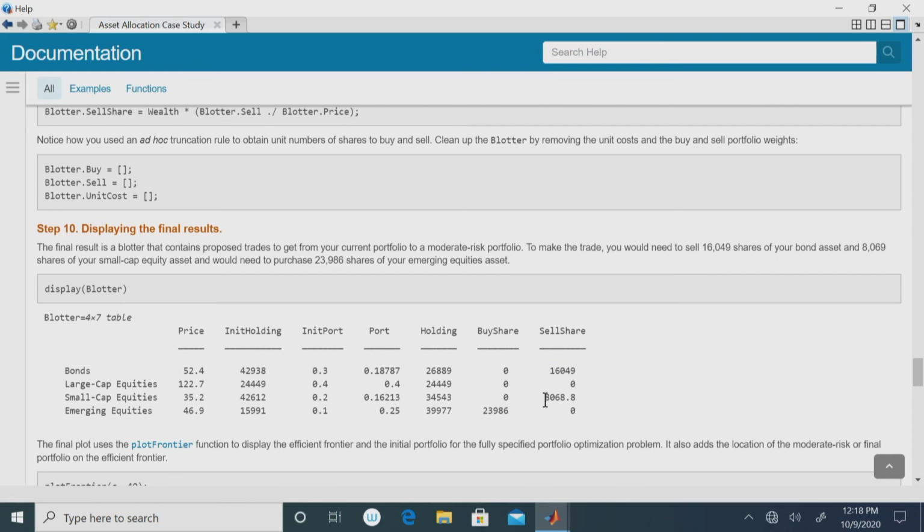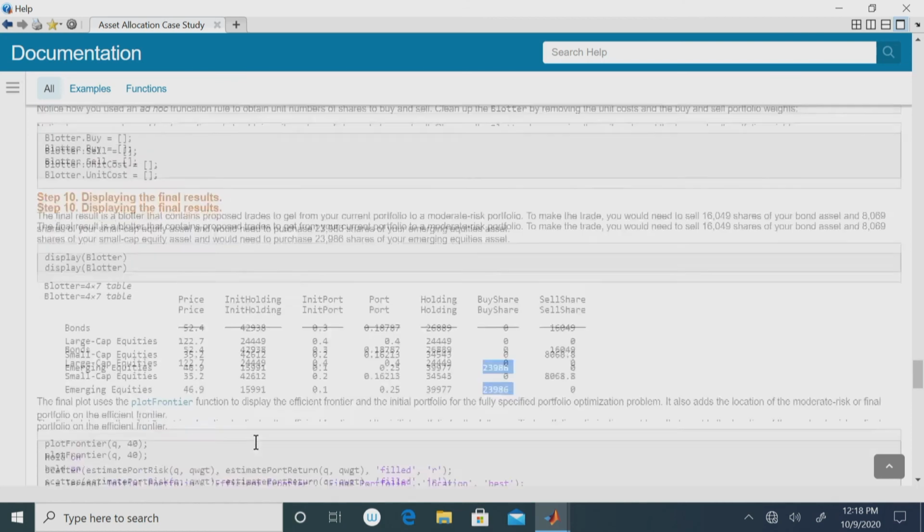This is a truncation error, that is why a 0.8 comes. And of course, in the fourth case, you have a significant increase from 15991 to 39977, resulting from buying 23986 shares. So, basically the sale of these two shares gives you an income, and then this is an expenditure that results from buying this large number of shares in emerging equities.